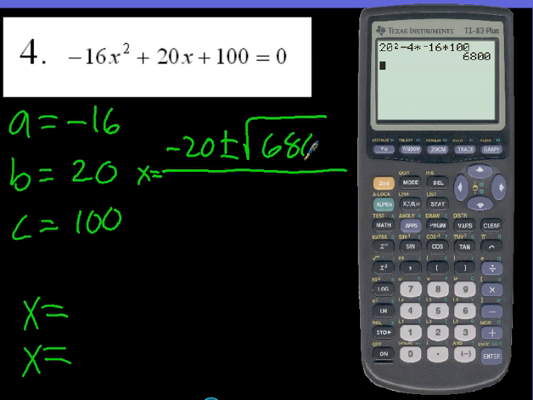And then 2A is going to be 2 times 16, so that's negative 32.